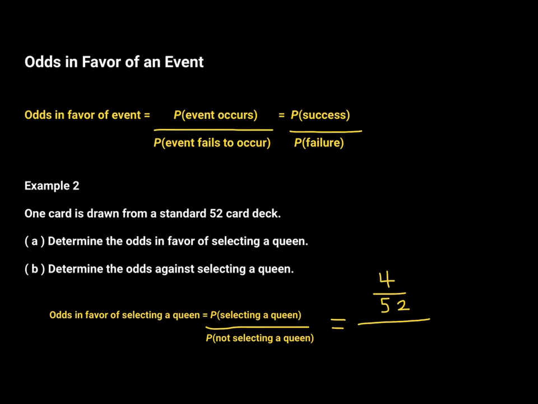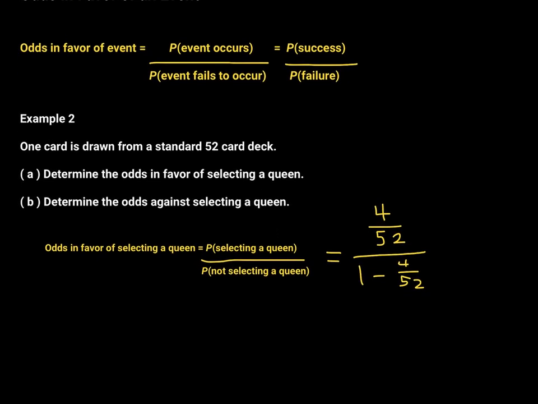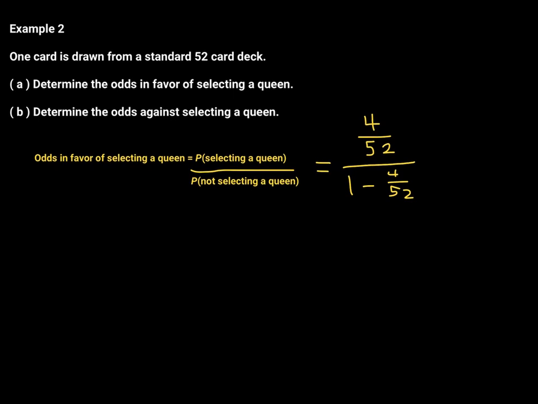So you can do 48 over 52. Or, if you'd like, you can do 1 minus 4 over 52. Remember that formula? If this is the probability of an event happening, then 1 minus that probability is the probability of the event not happening. All right, cool.